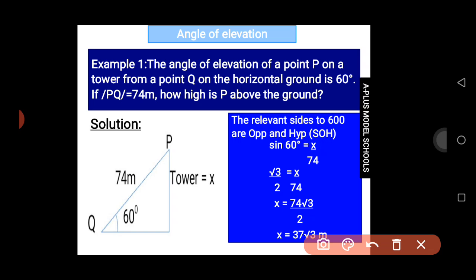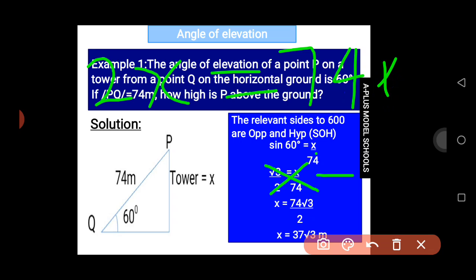Then you can cross multiply from here. So 2 times x is 2x, equals 74 multiplied by root 3. From here, I can divide both sides by 2.